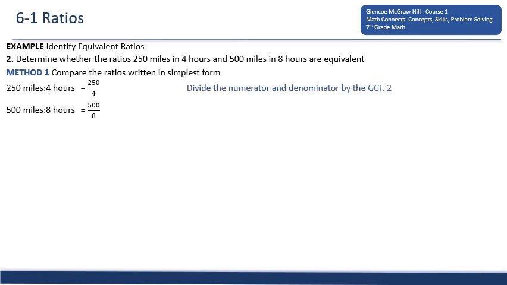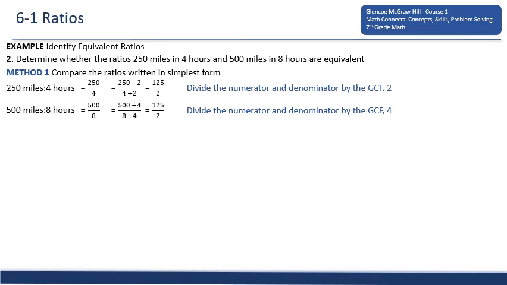And divide the numerator and denominator by the greatest common factor of 2. So if we do that, we get 125/2. And if we do the same thing with 500 miles, divide the numerator and denominator by the greatest common factor of 4, you'll see that gets us a denominator of 2 in both.